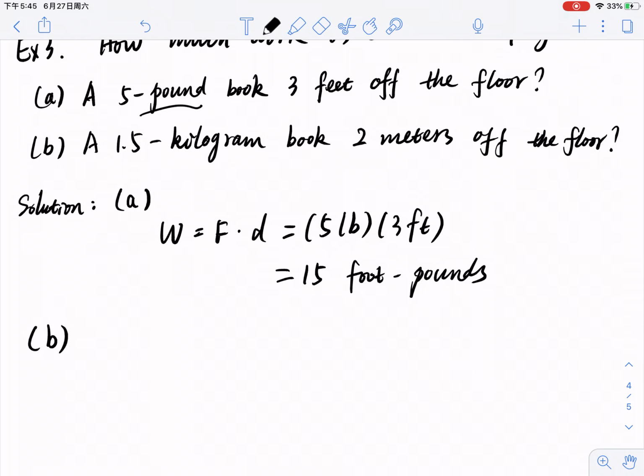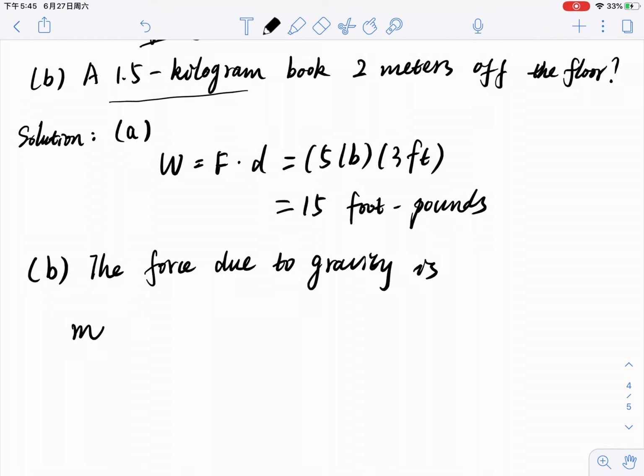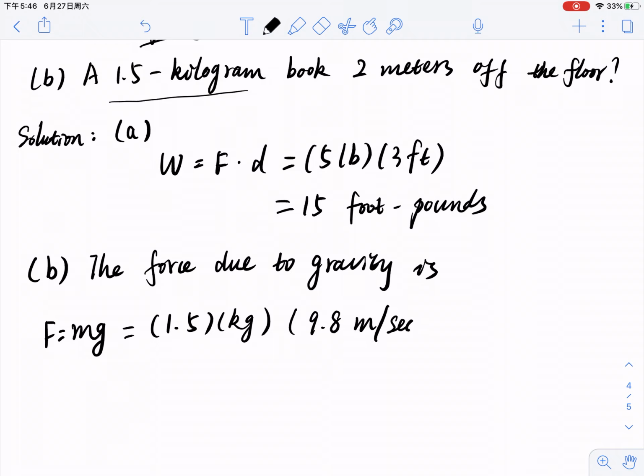Part B. A 1.5 kilogram book 2 meters off the floor. 1.5 kilograms is the mass. So we first find the force. The force due to gravity is mg. So F is mg. So this is 1.5 kilograms times g, 9.8 meters per second squared.